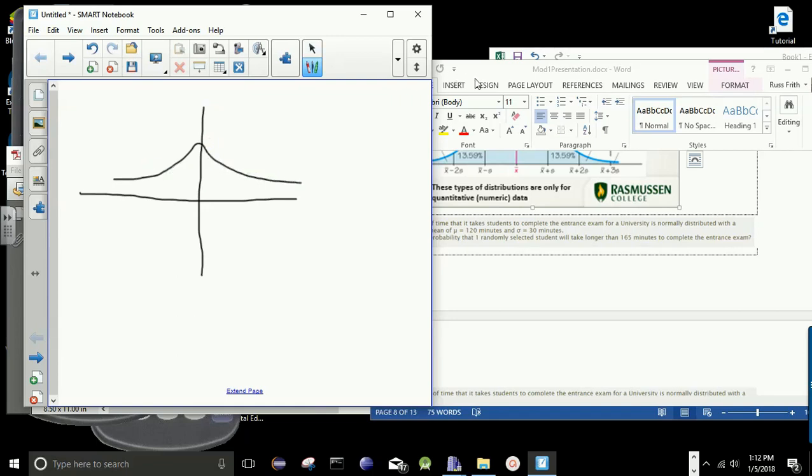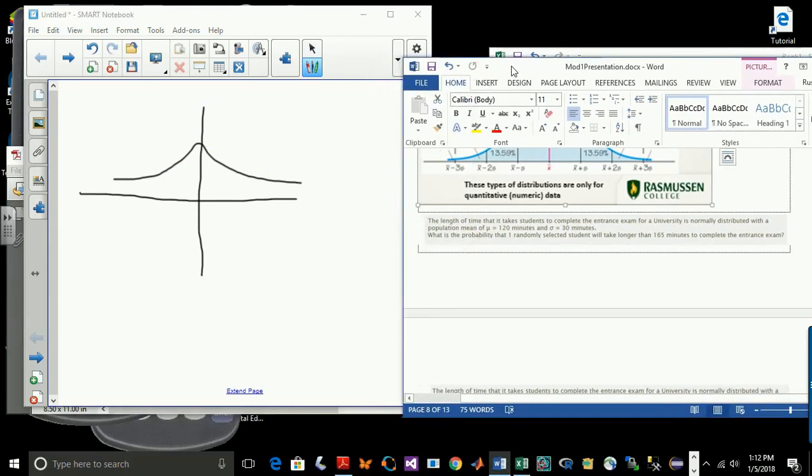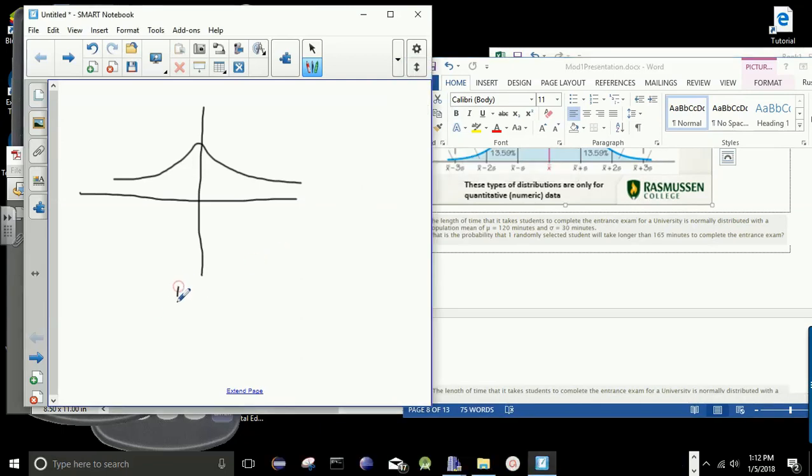Now, what is the mean of the population? So mu is 120. Because it's normally distributed, the curve is symmetric about the mean, which is 120. And sigma, the standard deviation, is 30 minutes. So here is x plus sigma, just like in the illustration.